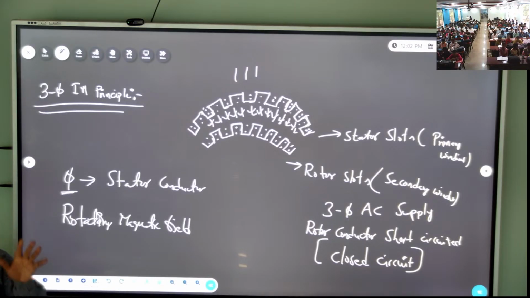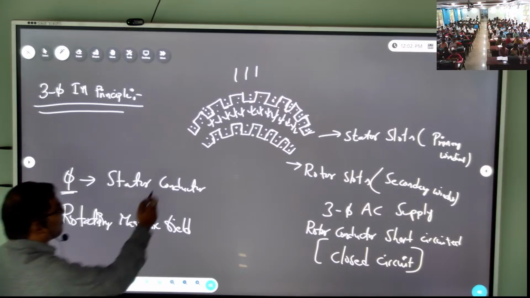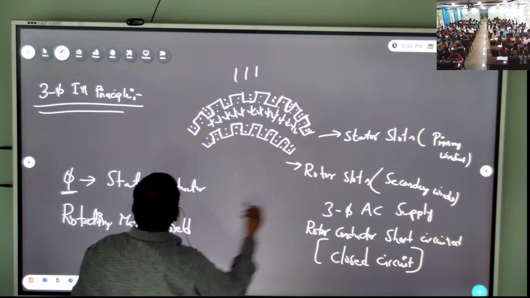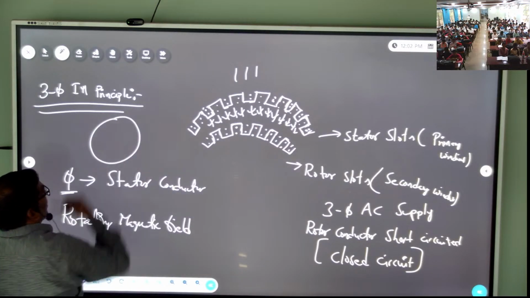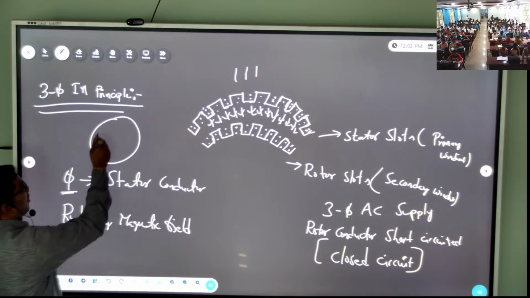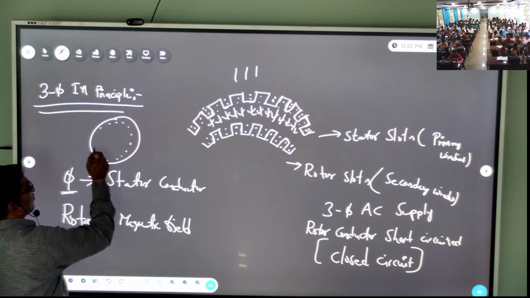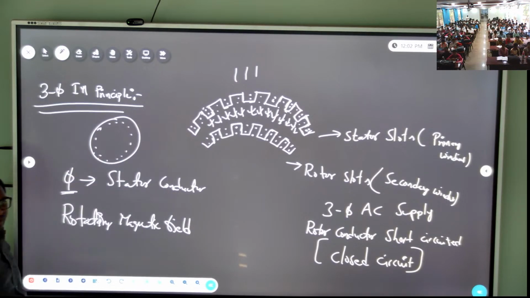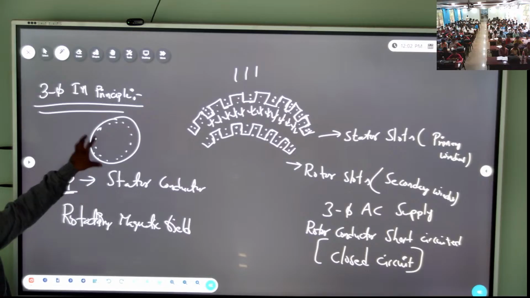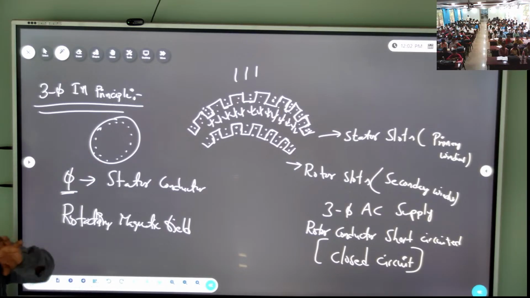This flux rotates around the stator. Here the flux is there, and there, and there, all around, because the stator is circular in nature. So this stator flux will rotate. That's why we call it the rotating magnetic field.